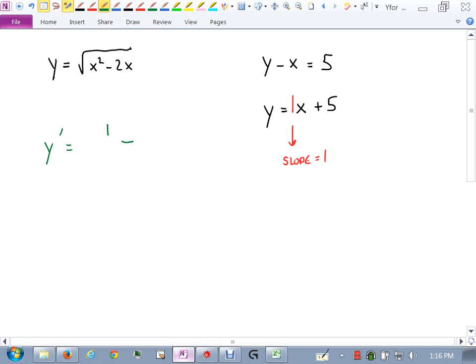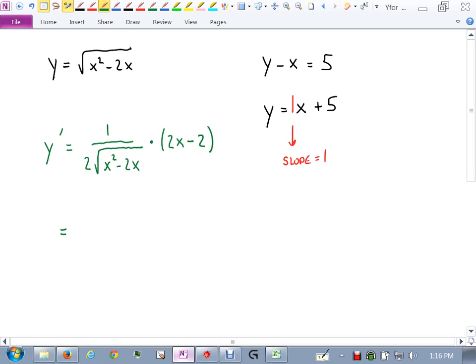It should be 1 over 2 times the square root of that something. Then times, now I'd go and take the derivative of what's inside here. The derivative of x squared is 2x. And then the derivative of negative 2x is negative 2, or minus 2. So that's what you would have right there.